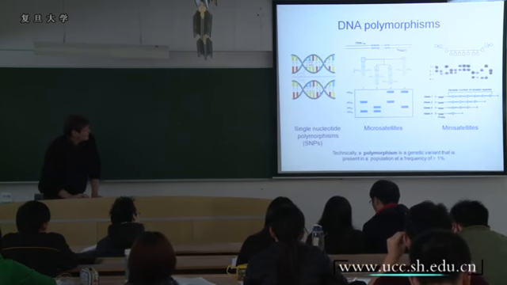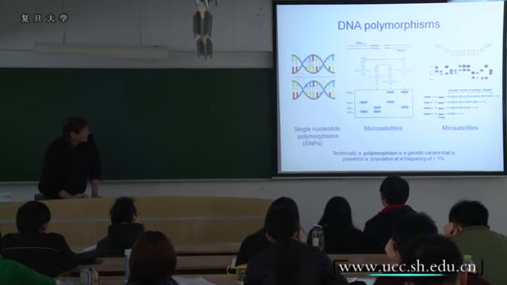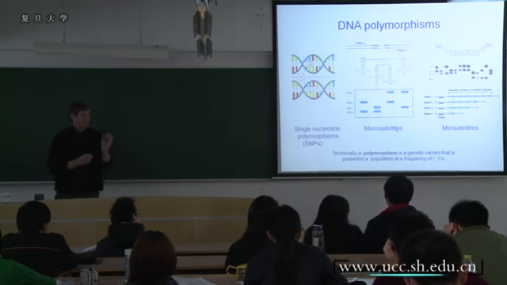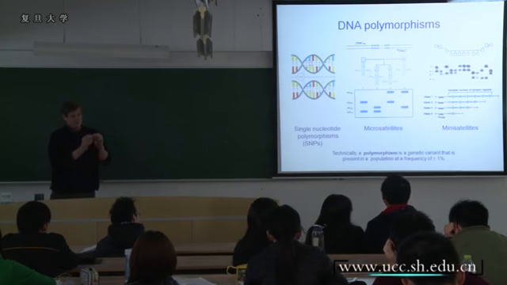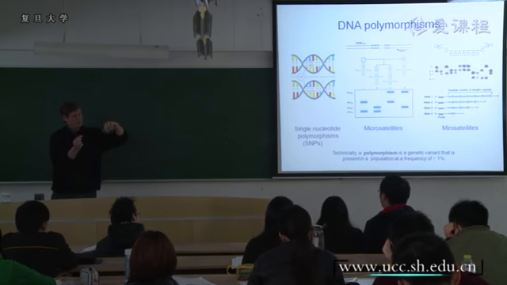Okay. Now, other polymorphisms are polymorphisms in the number of repeats that you find within microsatellites or mini-satellites. And again, we talked about these when we talked about the structure of the chromosome, but microsatellites are stretches of DNA where short pieces, for example 1 or 2 or 3 or 4 nucleotides, are repeated many times.